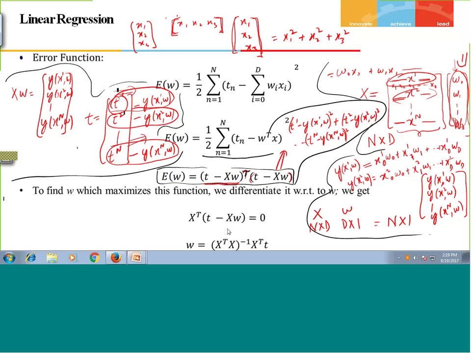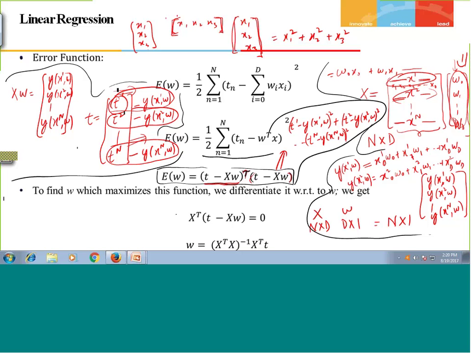Now what I do is take the gradient of it, because I have to optimize this function. What we generally do in maximum likelihood is that we have an error function that changes with the value of w, right? When I change w, the error function value may change. So I want to find the value of w where the error function is minimized.